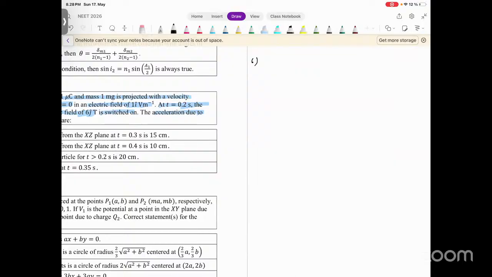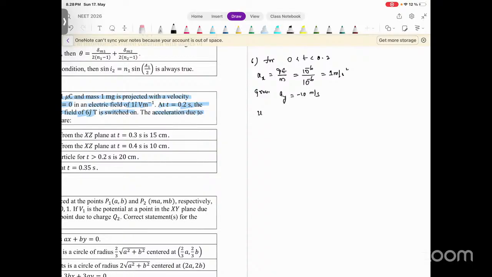See here, this is like some charged particle moving in a field. For the given time, 0 is less than t and t is less than 0.2. Now see, for electric fields, we know acceleration along the x-axis is equal to QE divided by M. That is 10 power minus 6 divided by 10 power minus 6, as given in the problem. It is 1 meter per second square, which I'm getting. Now due to gravity, we know that acceleration in the vertical will be equal to minus 10 meter per second square.